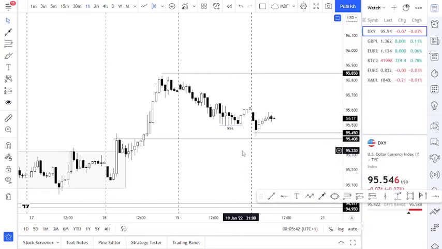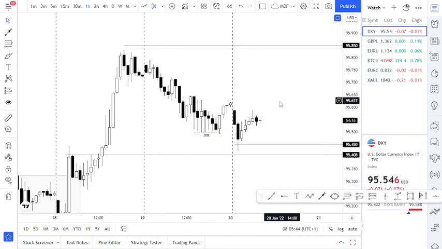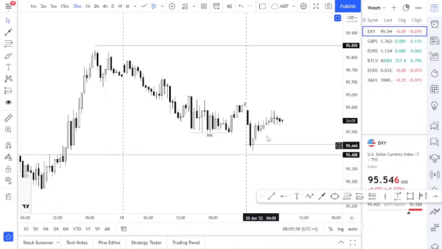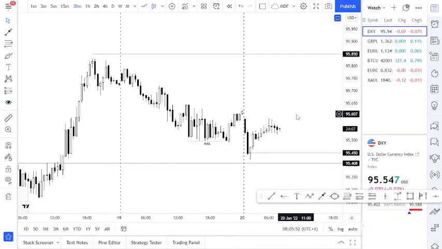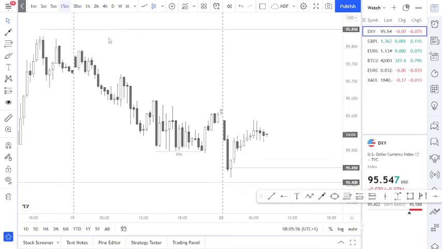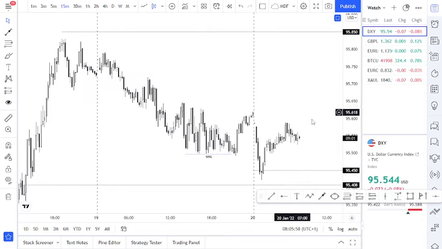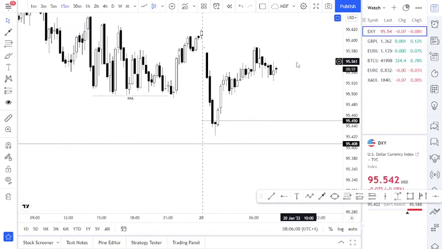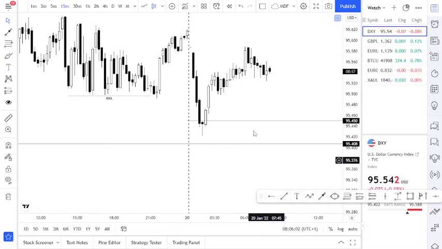Now I'm yet to get a break of structure to the upside on lower time frame here. You see, liquidity has been taken out, but the market has not given us a strong bullish momentum that shows that the buyers have come into the market. So what I will be looking for now is to see if the market would come down to clear this liquidity.